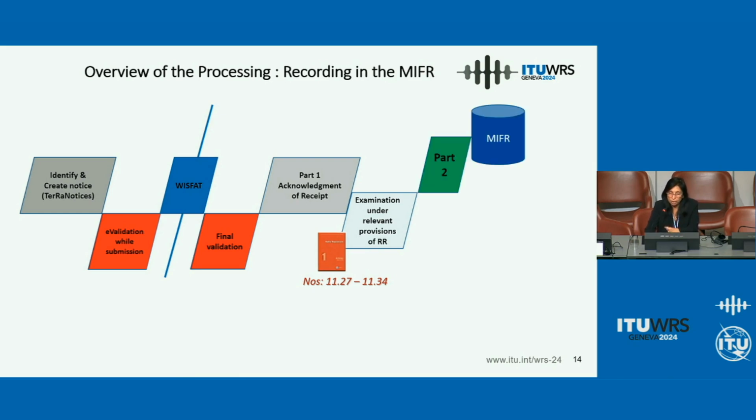If it complies with the provisions, it will be published in part 2 and it will be recorded in the master register. In case it does not comply, then it will be published in part 3 and it will be returned to the administration, and the administration is informed what to do in order to correct it.